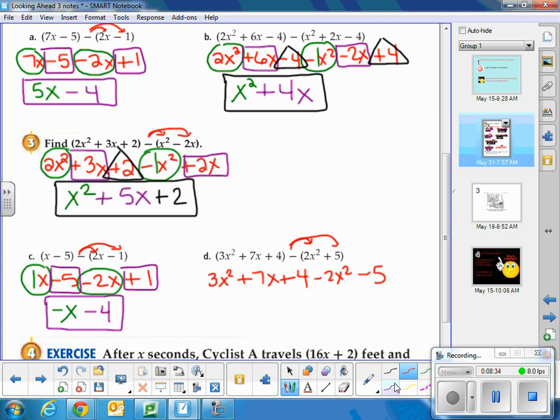Now we're going to combine like terms. We're going to put the 3x squared with the negative 2x squared. Remember, they're only like terms if the variable part is exactly the same, including the exponent. So 3x squared plus a negative 2x squared is x squared.